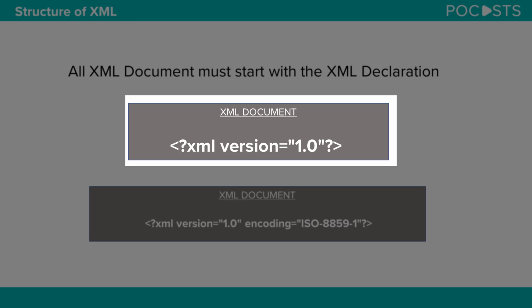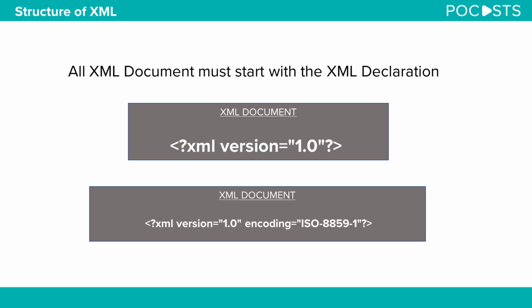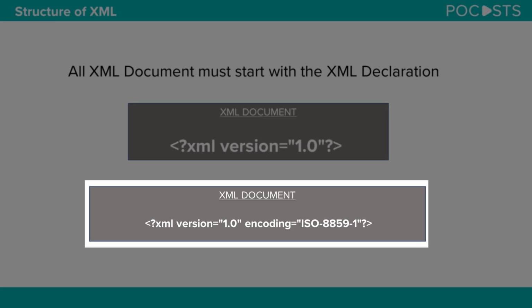There are two different versions of it. The first one has just the version as an attribute. The second one has an encoding as an attribute. If you don't know what an attribute is, just refer back to the previous lessons. Let me walk you through what version and encoding are about. Version is not the version management of your document. The version says that the specification used to write the XML is that version.